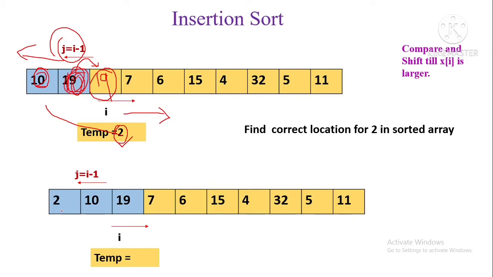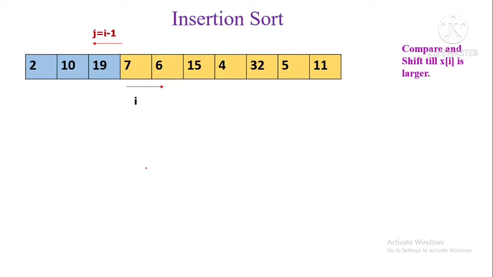After doing this I have 3 elements in my sorted array. Next element is 7. Now I have to find out a proper position for this element 7, and for that I need the help of a temporary variable.